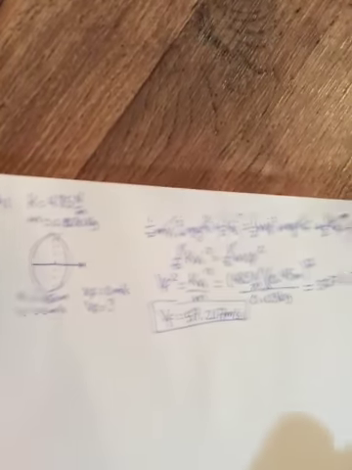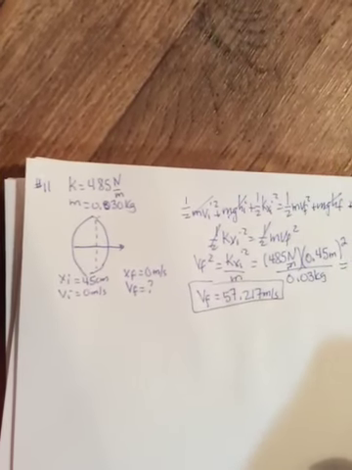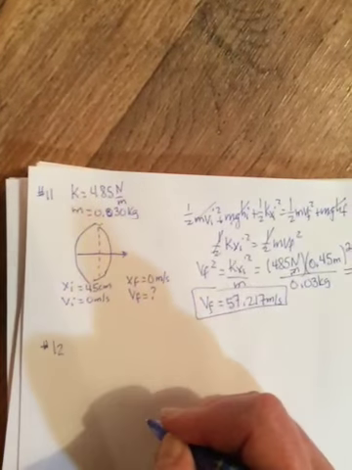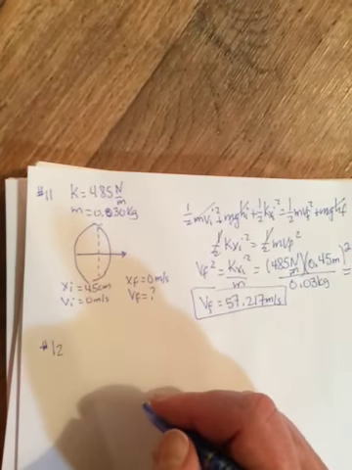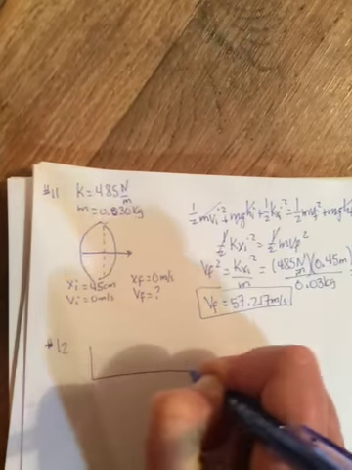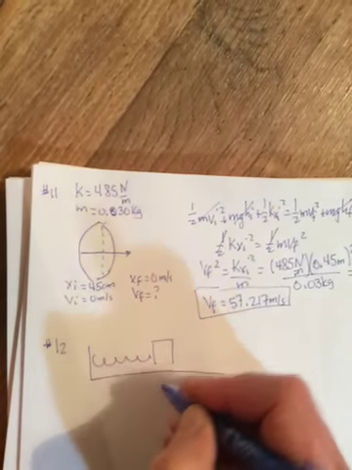Number 12. A 0.25 kilogram mass is on a frictionless surface, so still no friction. And it's attached to a horizontal spring having a spring constant of 124 newtons per meter. So this time the mass is attached to it.